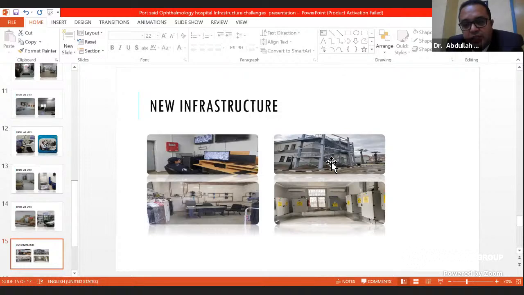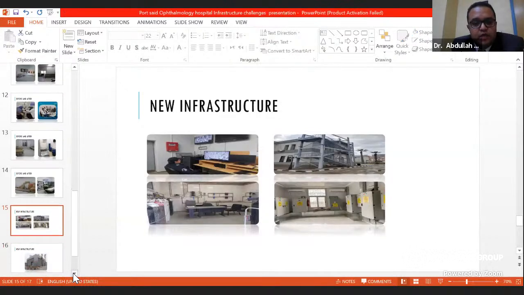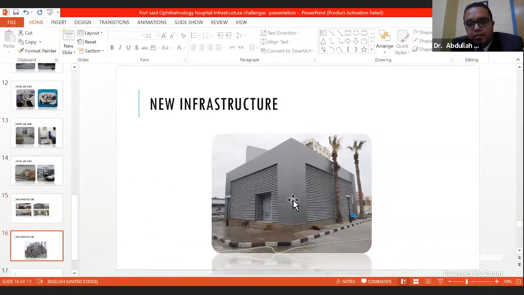Here you find the emergency stairs that we built outside the building in order to accommodate the needs of the civil defense. Of course, you'll find the medical gases. This is new, and this is the electrical system, which is also new, including everything. This is, for example, the emergency water tank. We had to find a place to build it, so we built it in the garden.